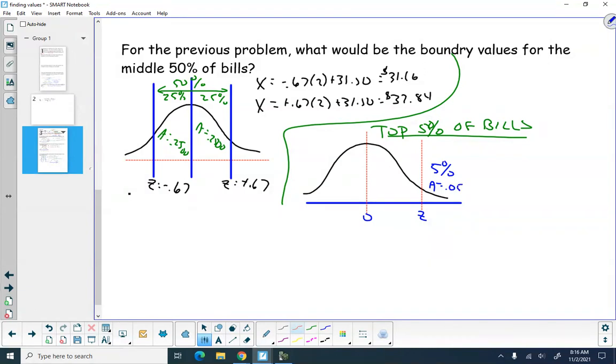So my area there is 0.05. What is the area that we look up in the Z table? 0.45. This being 5% means this is 45%, because this has to be a total of 50%. So this area here is going to be 0.4500.